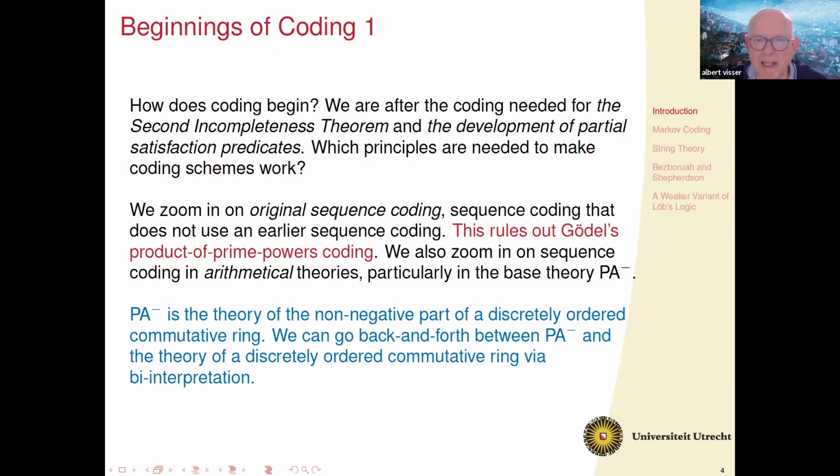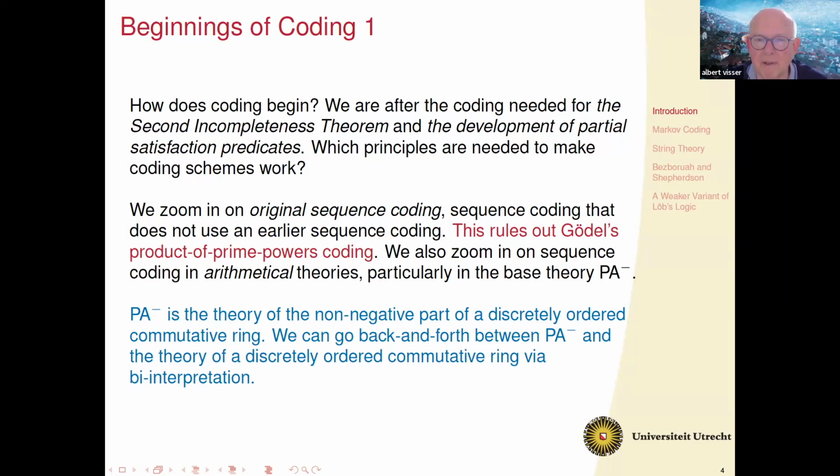So what do we need to make this work? Coding has a lot of aspects, but I think the first step to get things off the ground at all is that you need sequence coding, because then you can define recursion.